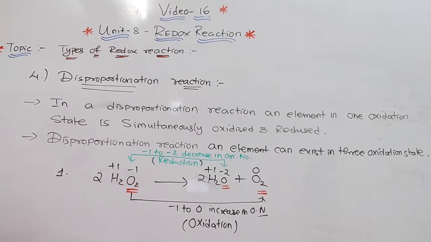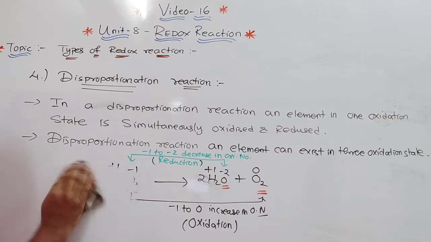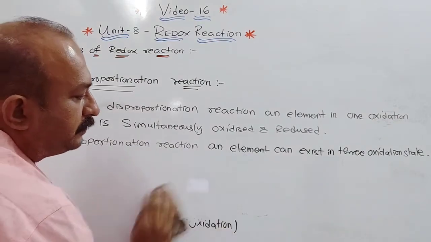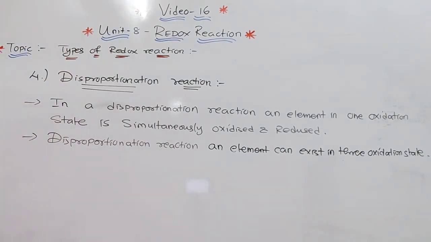One more example I will write from your textbook, so it will be very easy for you to understand. You can write it down. You can pause the video and write down. The second reaction that is given is of P4.